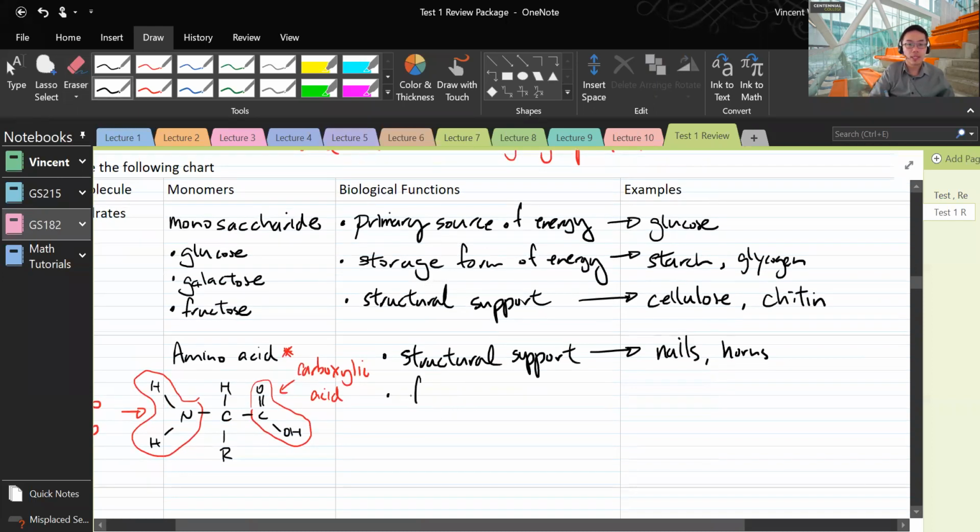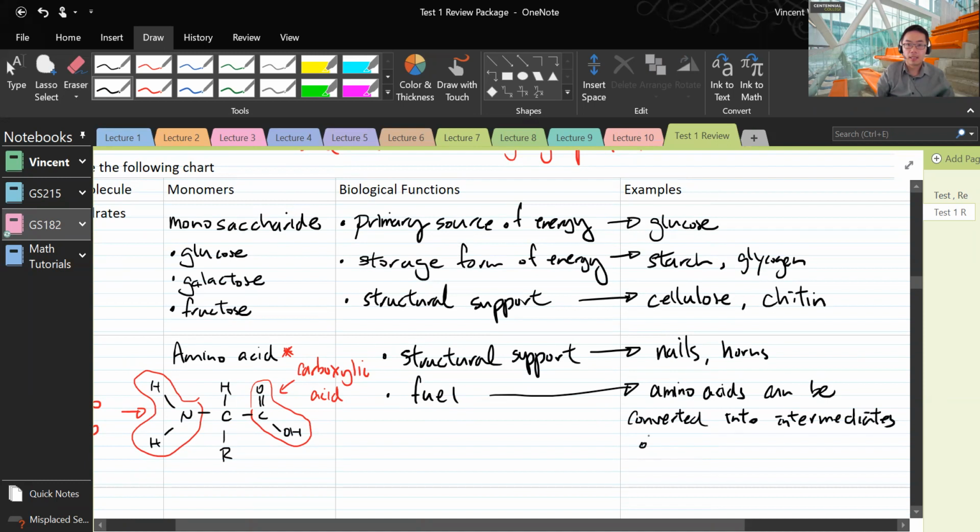Fuel, that's correct. So actually amino acids can be converted into intermediates of glycolysis or pyruvate oxidation or the Krebs cycle. Right?